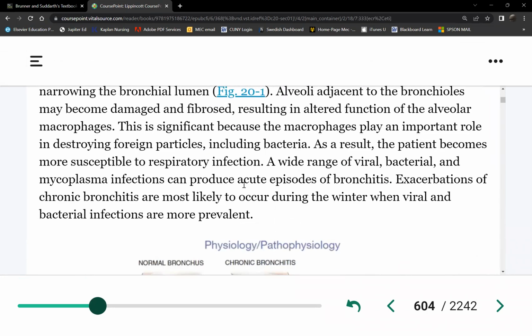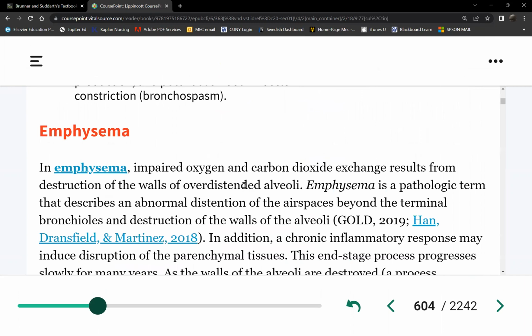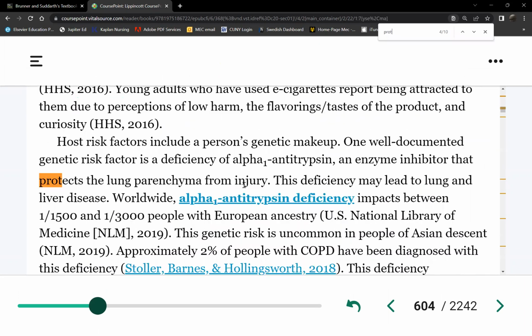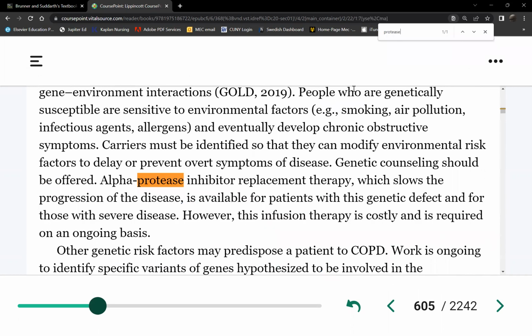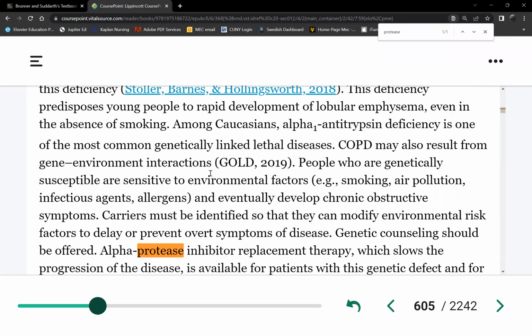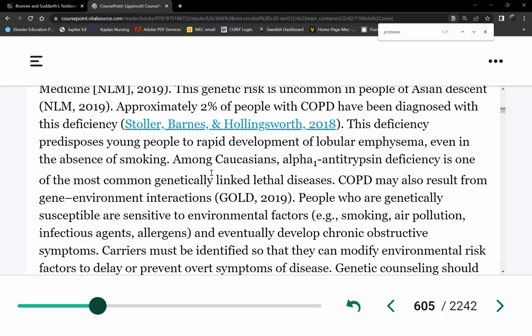Now, in order to break down debris, in addition to mucus producing cells, the goblet cells, we also have something called protease. Protease is an enzyme that will help break down debris.